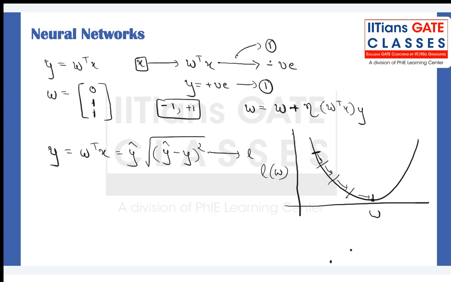Let me tell you one more thing. Before going to the exam, please learn three things for machine learning. I looked at the sample paper, so please learn these three things. They will definitely ask questions on this, my guarantee. First topic is perceptron.